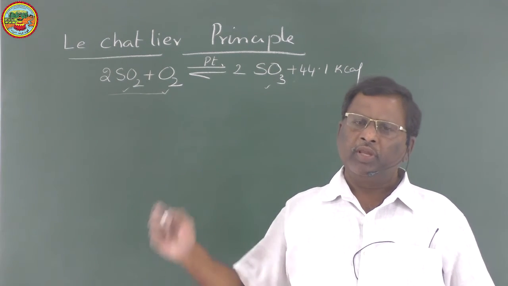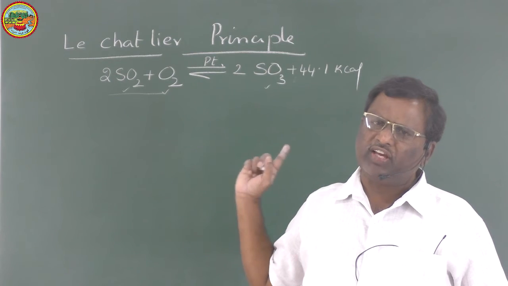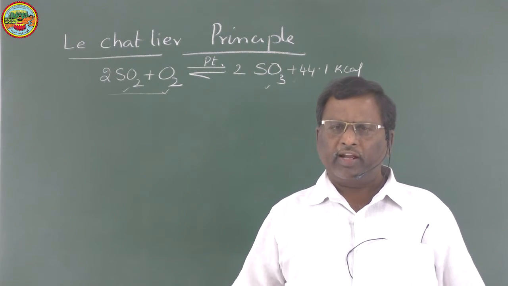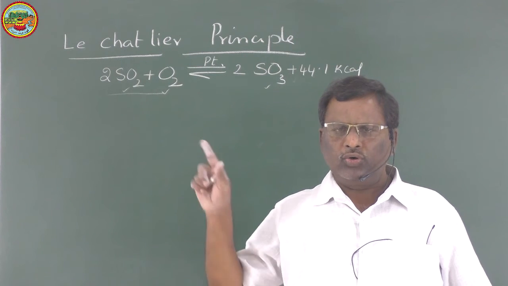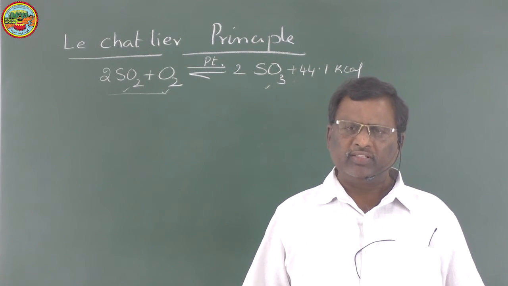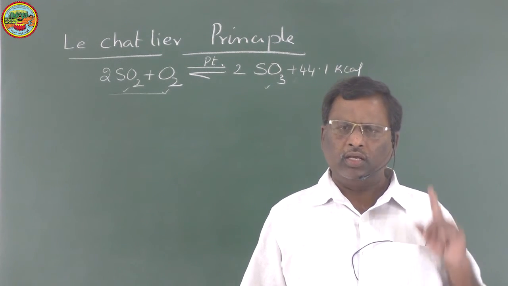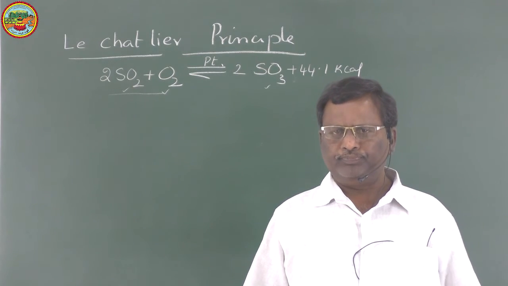That means if we increase the concentration of SO2 and O2, according to Le-Chatelier principle, the system will adjust itself to decrease the concentration. That means it favors the forward reaction to produce SO3.